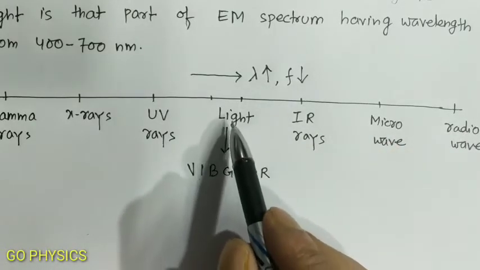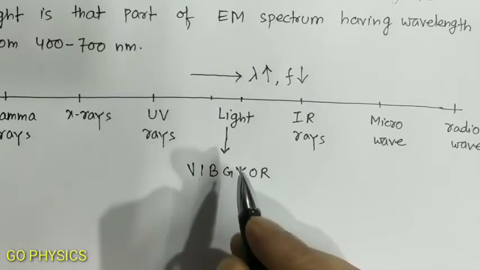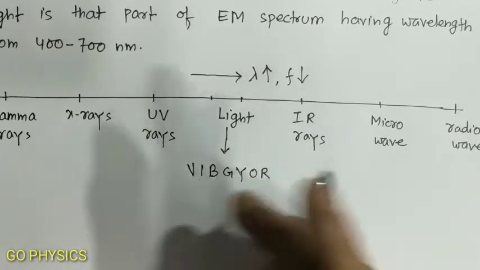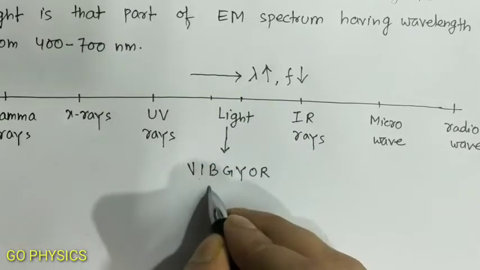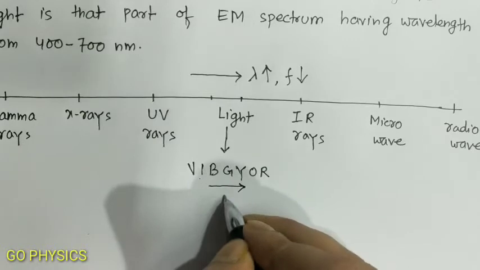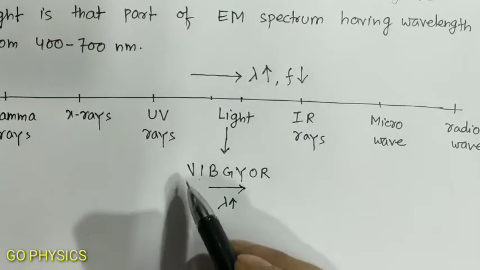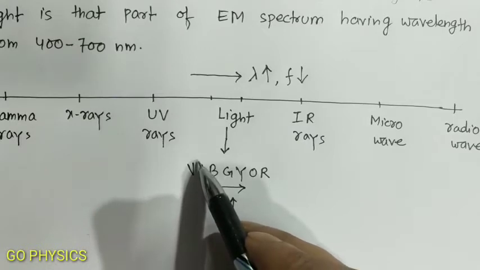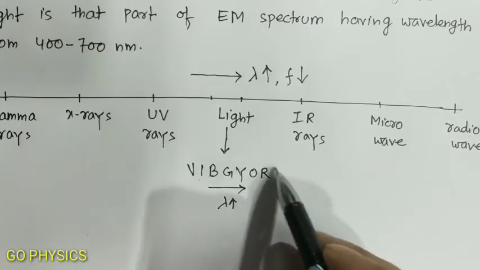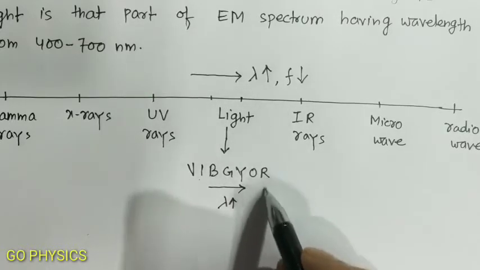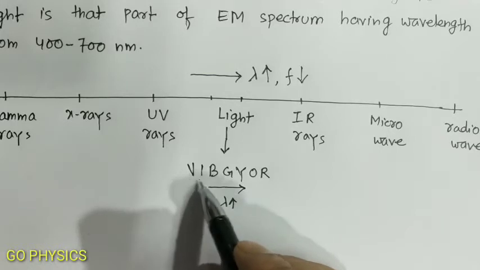White light, or light, is a mixture of these 7 different colors, and while moving from violet to red, wavelength increases. That is, the wavelength of the violet color will be less than that of the red color, or red color will have maximum wavelength if we are comparing among the VIBGYOR colors.